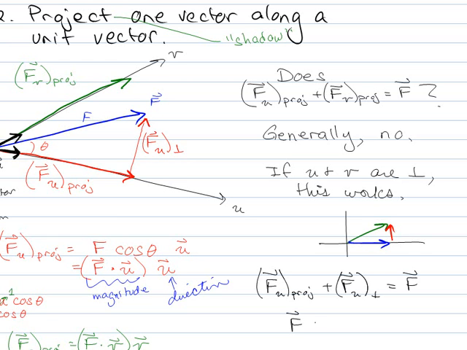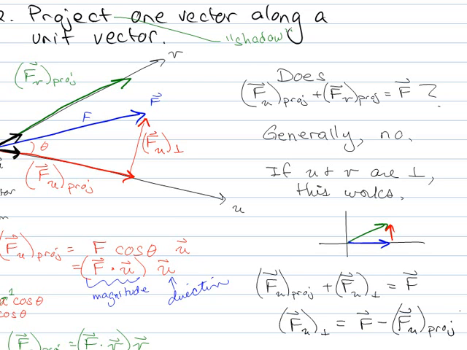So if I have the other ones, I can calculate my f_u perpendicular as f minus f_u projection. So if I really wanted to calculate it, I could. You just can't get it by doing the projection on the other side.